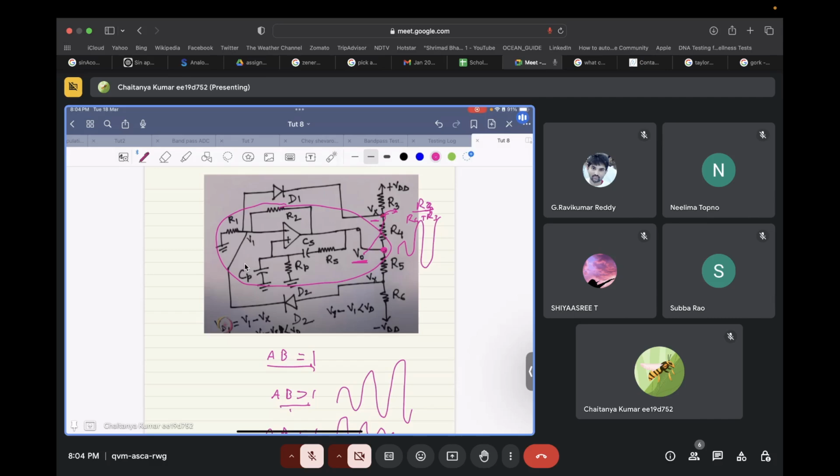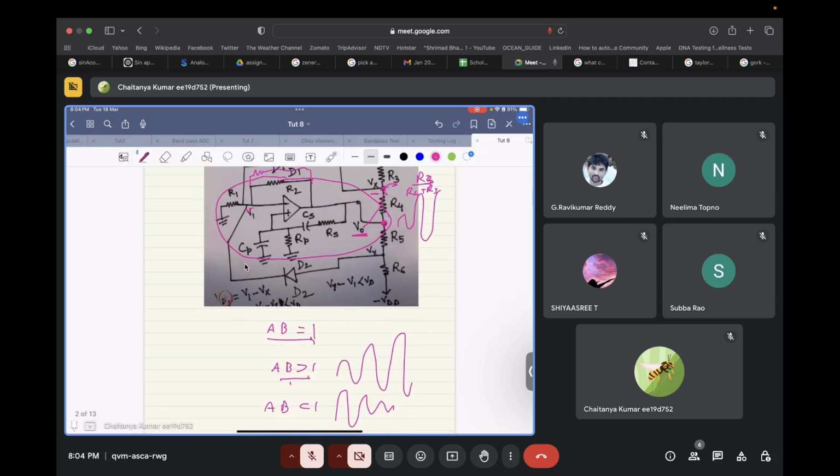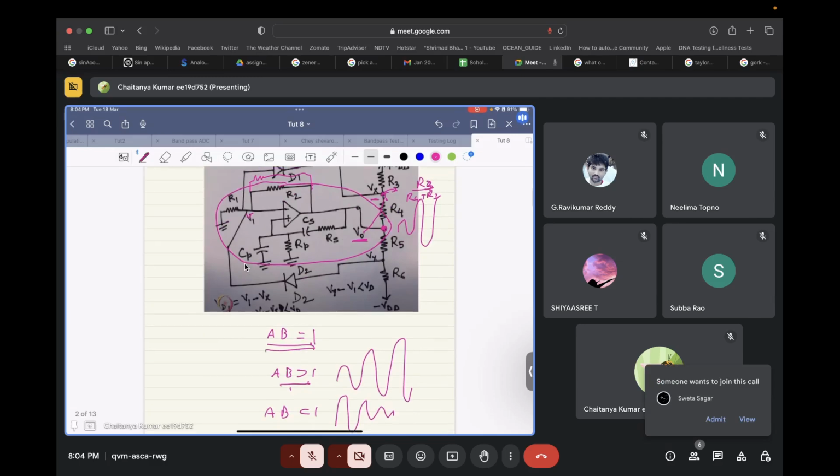The moment this Vx goes lower than V1, this diode D1 starts to conduct, and R4 comes in parallel with R2. That makes our A beta exactly equal to 1, and then the voltage is clipped and starts falling.